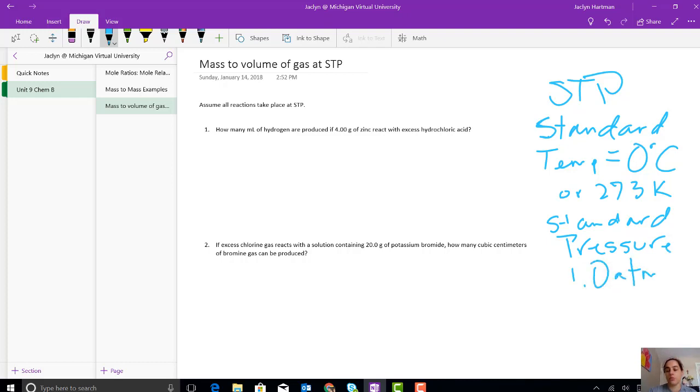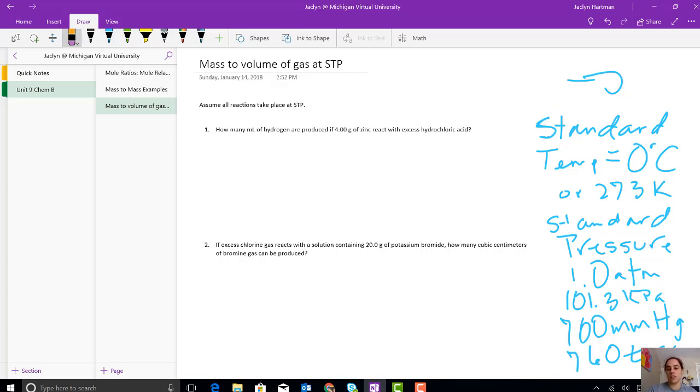It can also be 101.3 kPa, 760 millimeters of mercury, or 760 torr. Those are different pressure units, but they are all the same value. And so that's what standard temperature and pressure is.